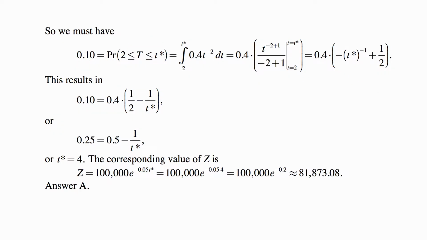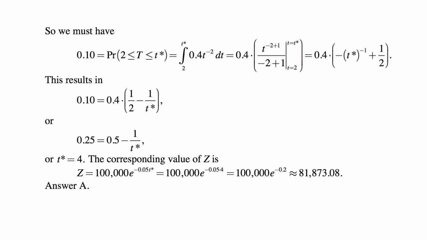So we do the calculation. If 0.10 is the probability that t is between 2 and t star, then that's the integral from 2 to t star of 0.4 t to the negative 2 dt. That turns out to be 0.4 times minus t star to the negative 1 plus 1/2. So 0.10 is 0.4 times 1/2 minus 1 over t star, or 0.10 divided by 0.4 is 0.25.